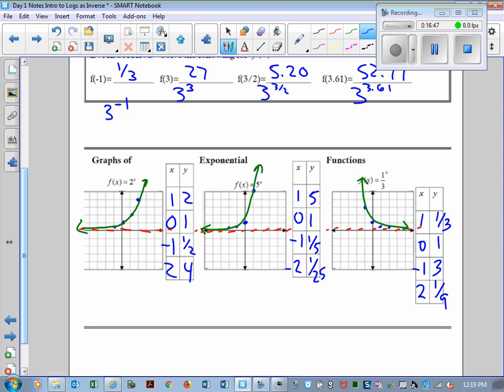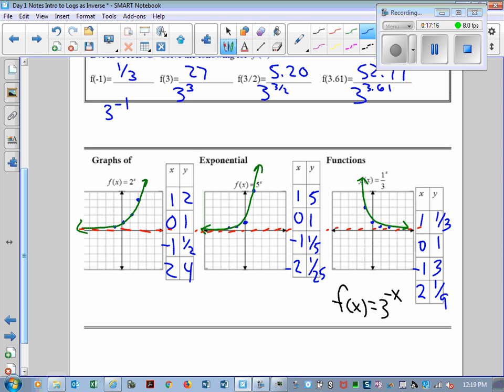Not as a decimal. I don't want 1/3. What I'm looking for is f of x equals 3 to what power? The negative x power, right? To bring the 3 up to the top, you would change the sign of the exponent.